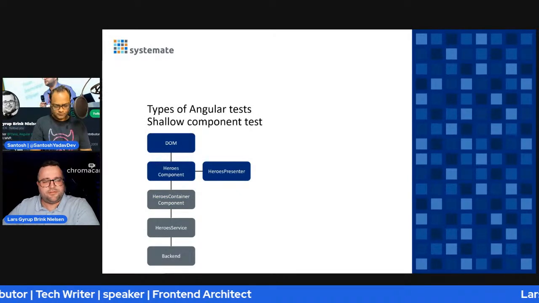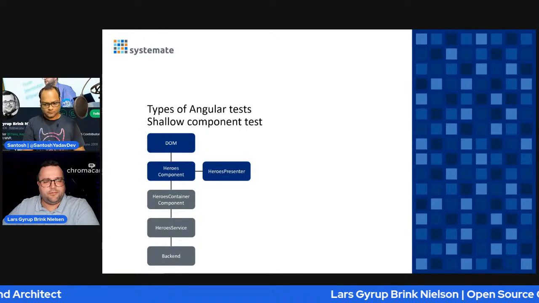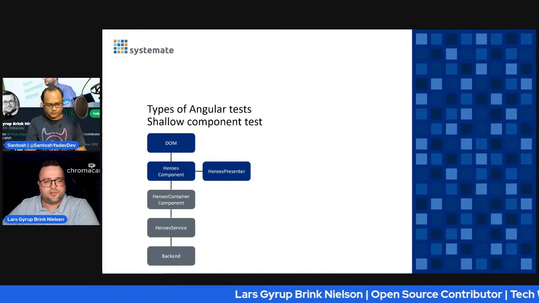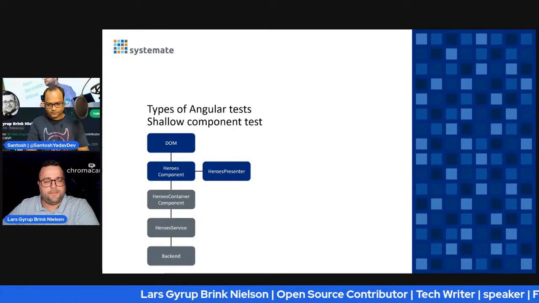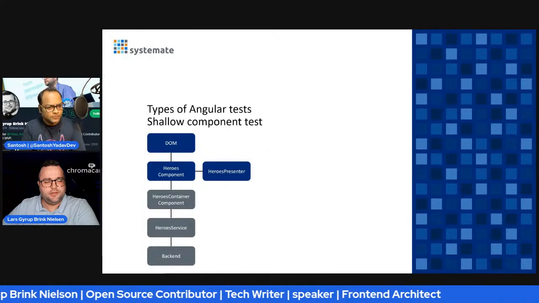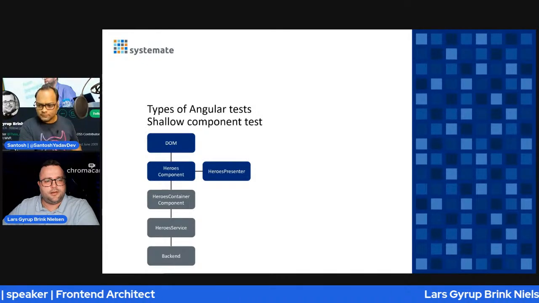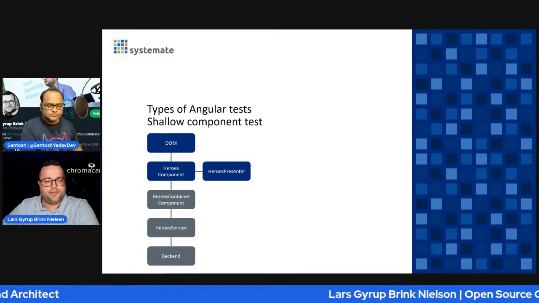We have another type of component test. That's the shallow component test. That's where we include the DOM and any services that are scoped to this component, in this case, a presenter service. So we actually render this component in isolation using the test bed, and we can interact with it using the DOM.